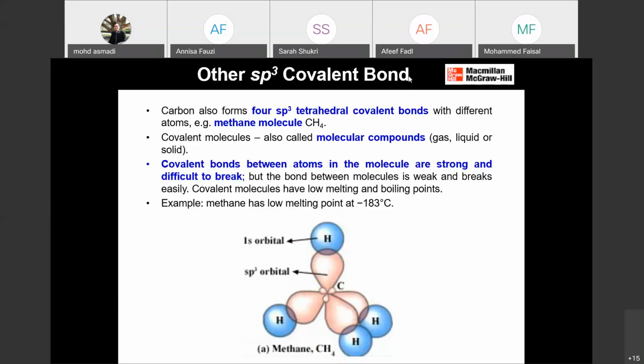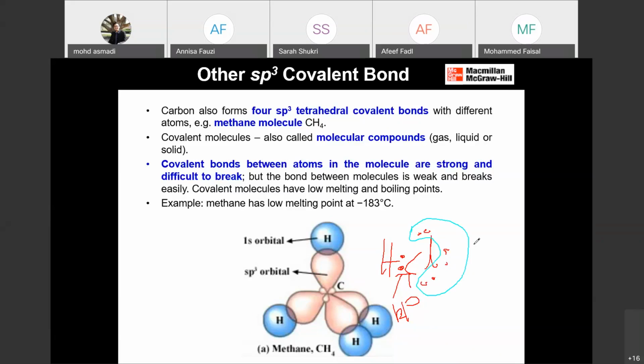In HCl, the electrons shared between H and Cl are a bond pair. For example, on this Cl, this one is a lone pair because it's not sharing.